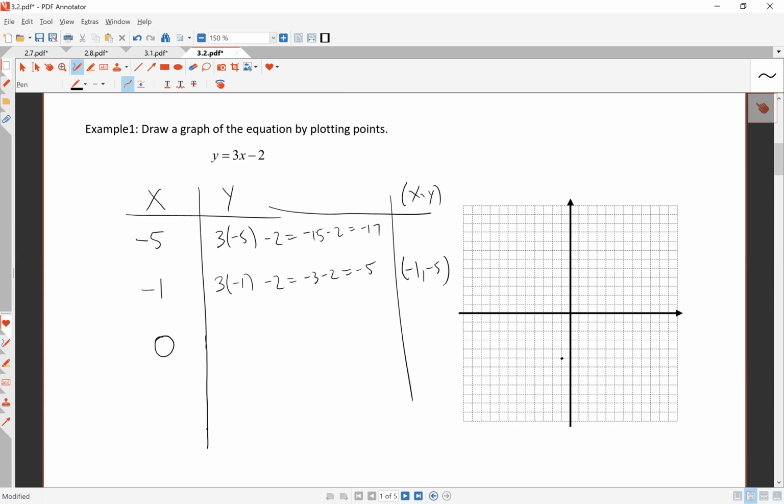Can you tell me what y is if x is 0? Oh, 2 or negative 2. Good job. And it's staring at you, huh? Not much to do there.